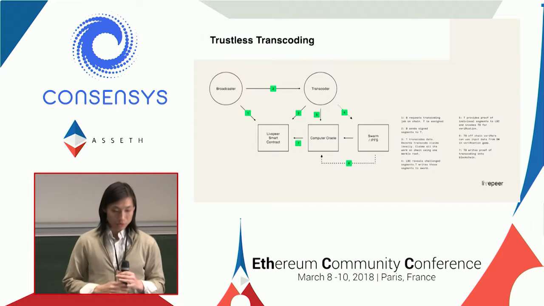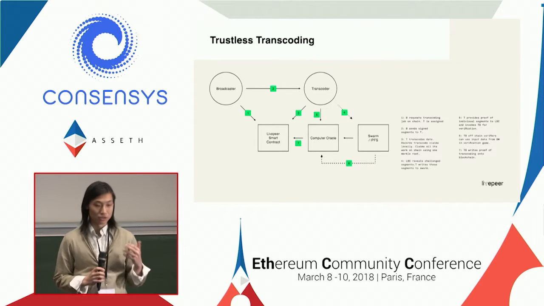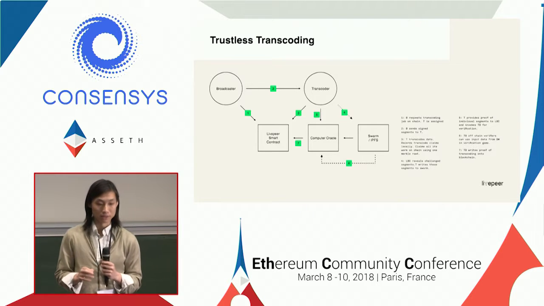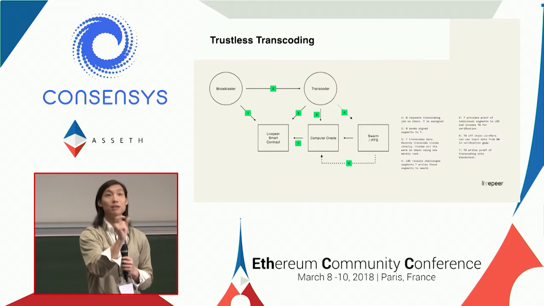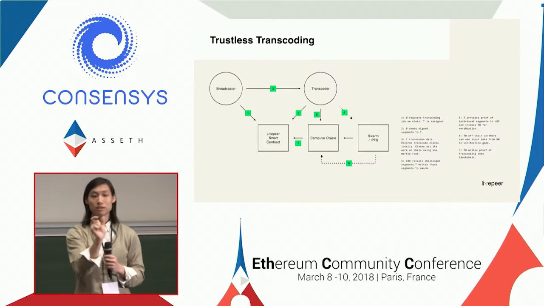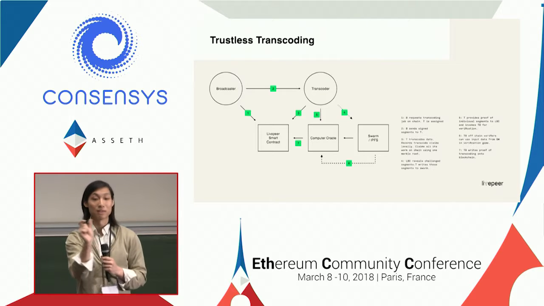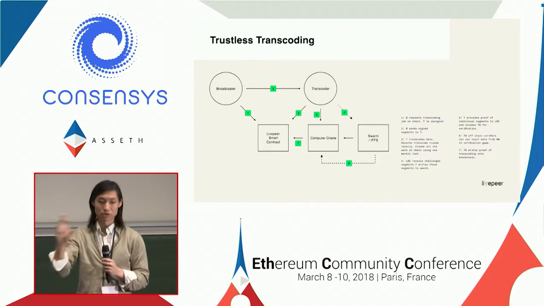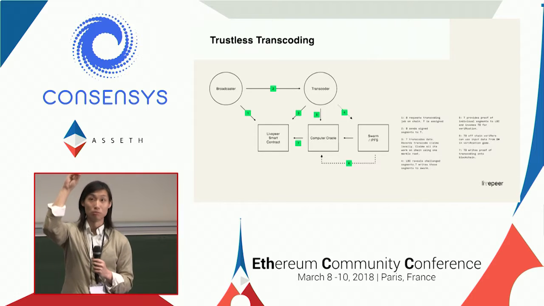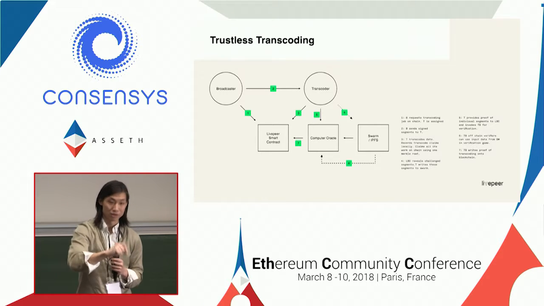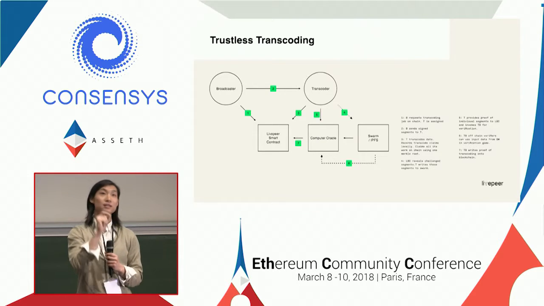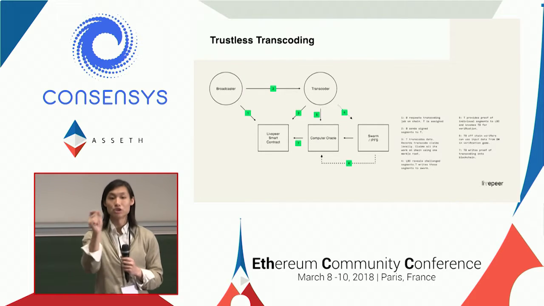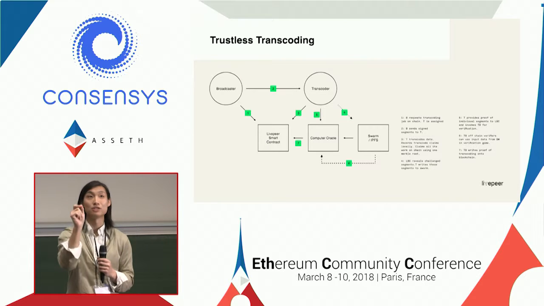So what we do here is we have this trustless transcoding protocol. When the transcoder is doing the work, for every segment that it transcodes, it's creating these cryptographically signed claims. And when it finishes all the transcoding, it creates a Merkle root of all the claims and writes it onto the blockchain. At that point, the blockchain pseudo-randomly picks a specific segment to challenge, and the transcoder has to provide the proof that it has transcoded correctly.